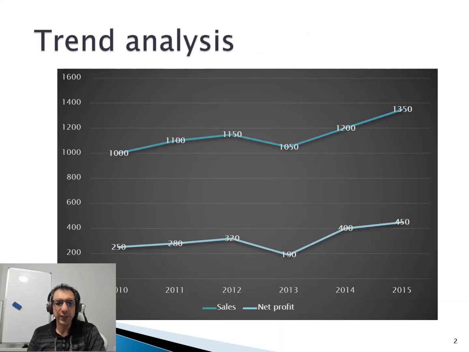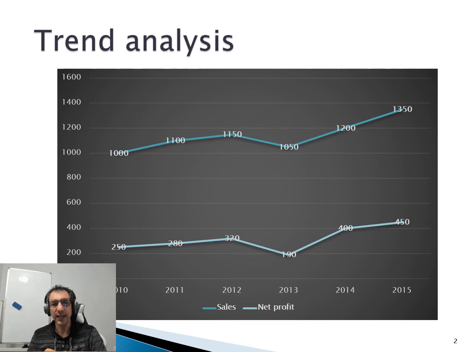So, trend analysis. The argument here is the financial data, they change over time. So if you measure the changes of this financial data over time, it might provide you some insightful information. For example, I'm providing some information regarding the sales and net profit of a company over time from 2010 to 2015, over 6 years.